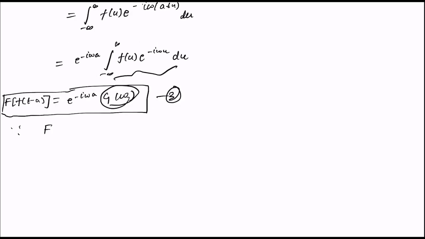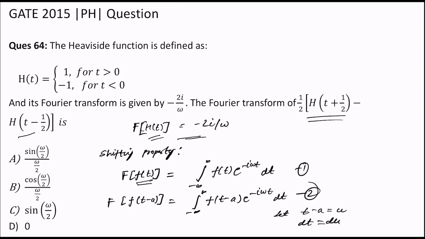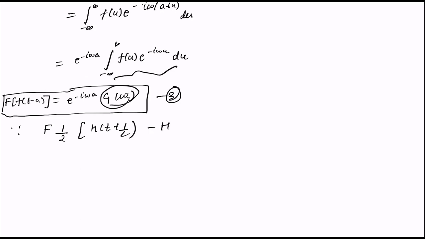Now in the question they've asked, what is the Fourier transform of half times h of t plus 1 by 2 minus h of t minus 1 by 2.